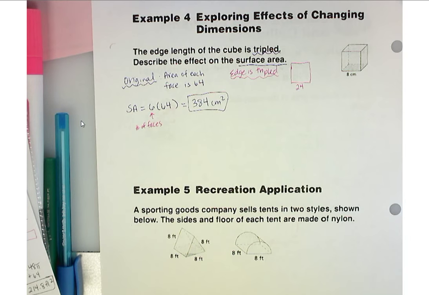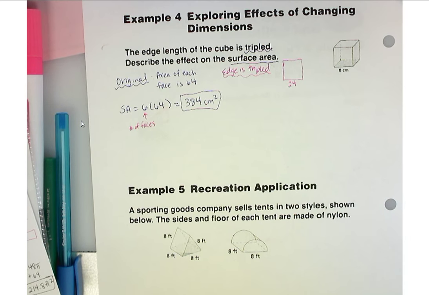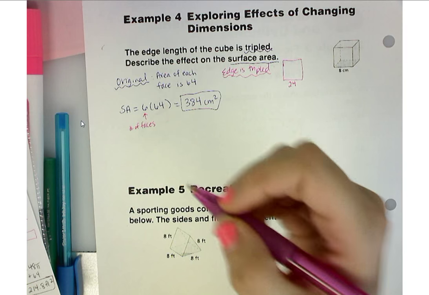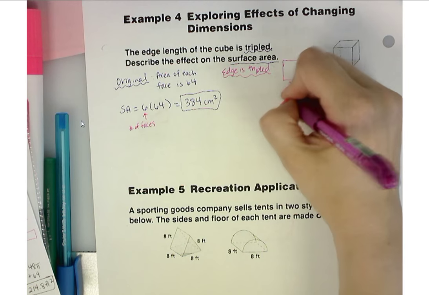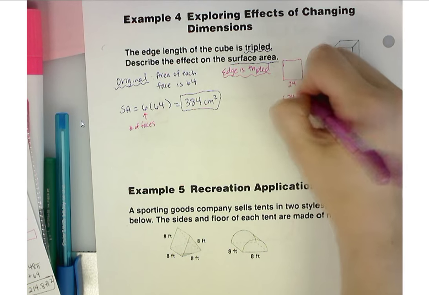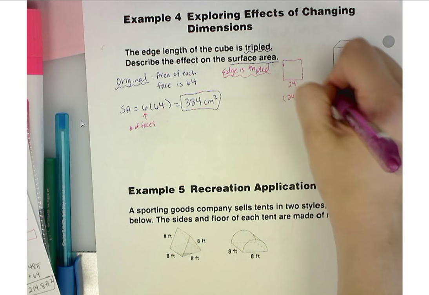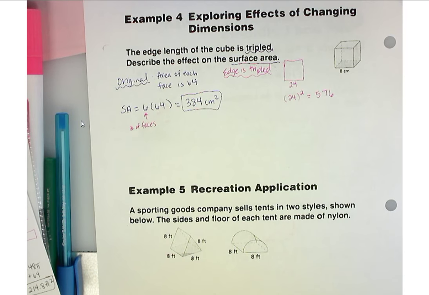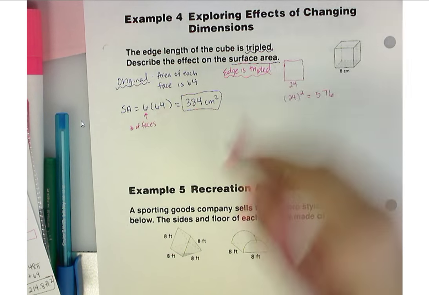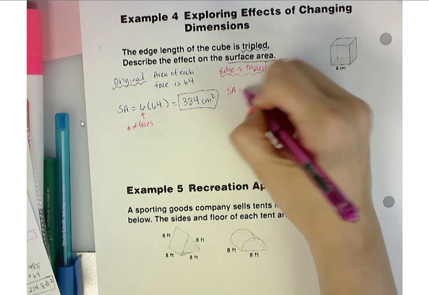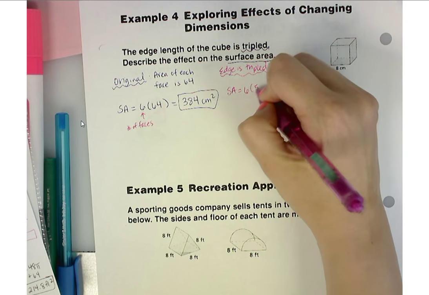So to find out what the area is, you could just square that. So 24 squared is going to give you 576. And then since there's still 6 faces, your surface area is going to be 6 times 576.